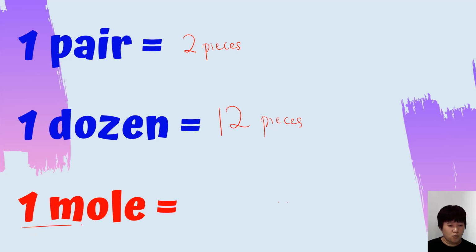How about 1 mole? How much is actually 1 mole? If I say I have 1 mole of apples, I am actually having 6.02 times 10 to the power of 23 apples. If I say I have 1 mole of eggs, it means I have 6.02 times 10 to the power of 23 eggs.